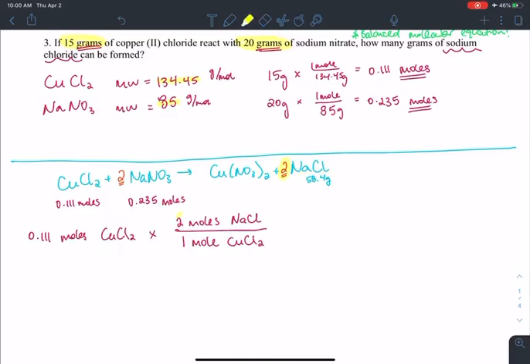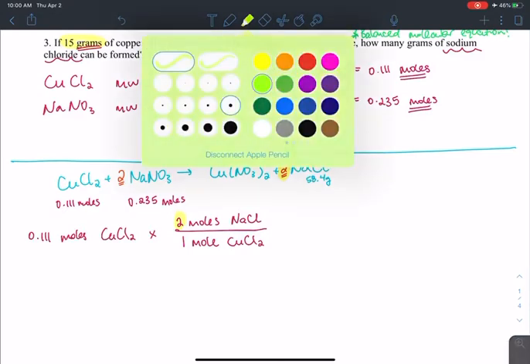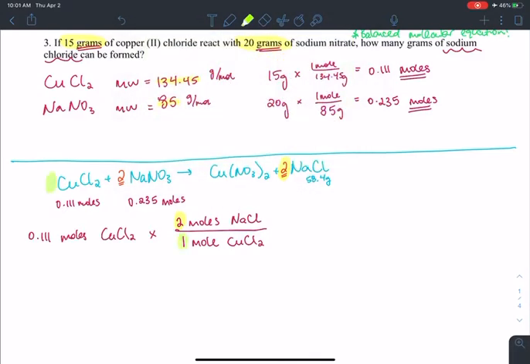So the 2 came from here, and the 1 came from here, right? Okay, so if you do that, what you end up getting is 0.223 moles of sodium chloride. And what's our action word here? Sodium chloride is a product, so that's moles of sodium chloride that is produced.